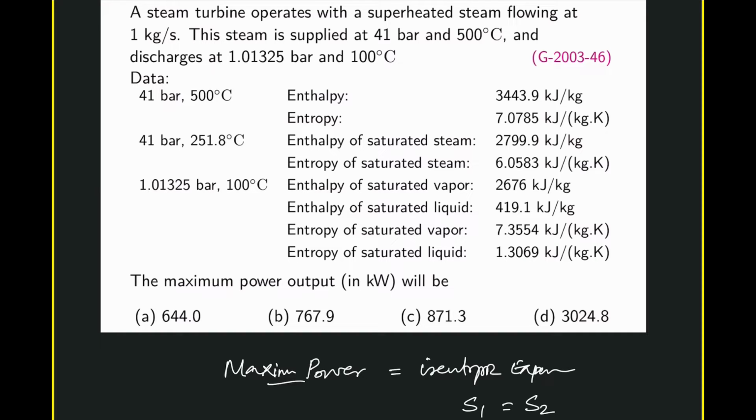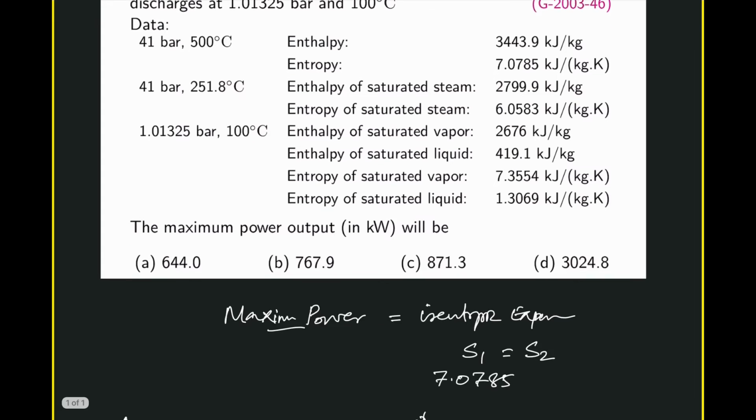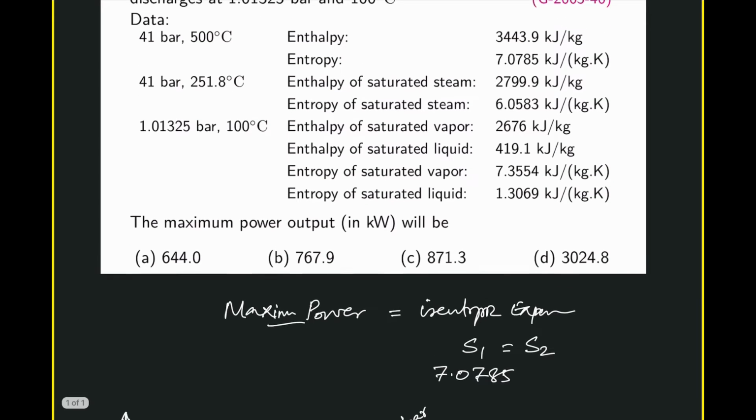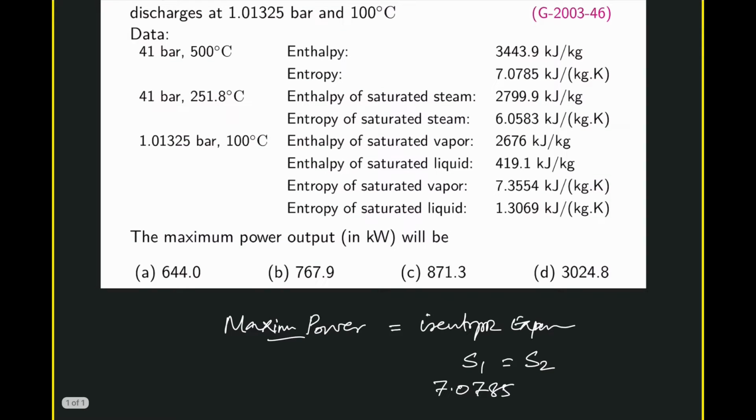That information is not known to us. Otherwise, we can simply equate the entropy at the inlet and outlet. Inlet entropy is known to us. For the outlet entropy, let us check. This S1 has a value of 7.0785 kilojoule per kg Kelvin. This is actually lesser than the entropy of the saturated vapor corresponding to the exit conditions.